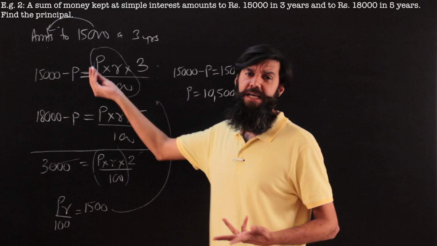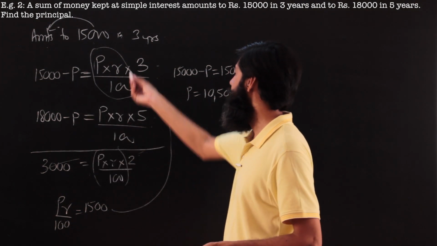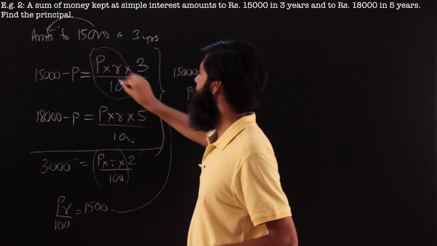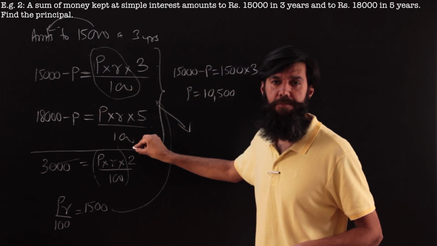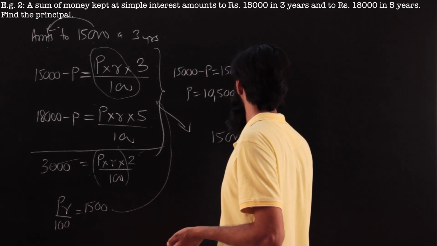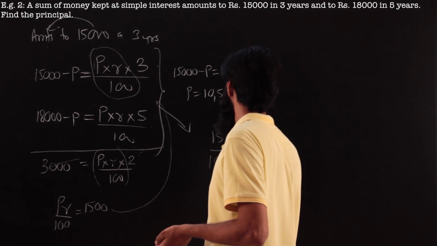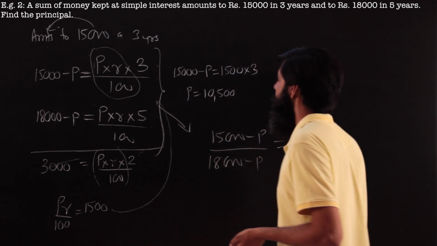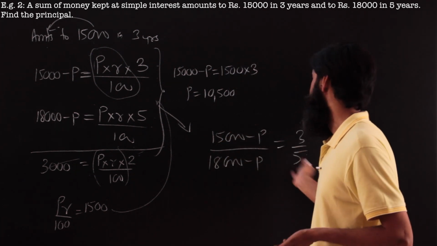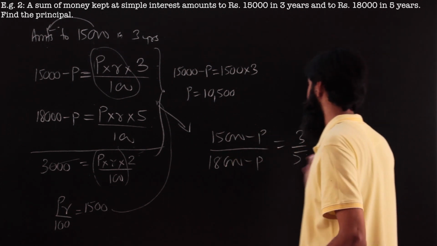Alternately, instead of subtracting, we could have divided these two equations. When I divide the equations, PR by 100 and TR by 100 come at both the places, so that will cancel out. I'll be left with 15,000 minus P over 18,000 minus P is equal to 3 by 5, right? So the R gets eliminated and I can find my P. This would just need some cross multiplication.